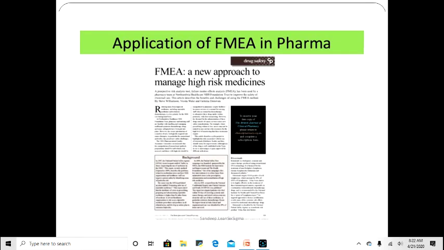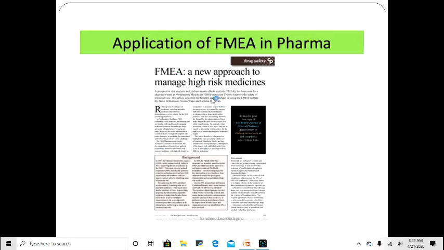Okay, so this is widely used in pharma for analysis of the risk. It's a new approach to manage the risk in medicines. The types of risk you can see in medicines are that there may be side effects, there may be some unwanted allergic reactions, or the drug may not be efficient, so the efficacy of the drug should be checked.